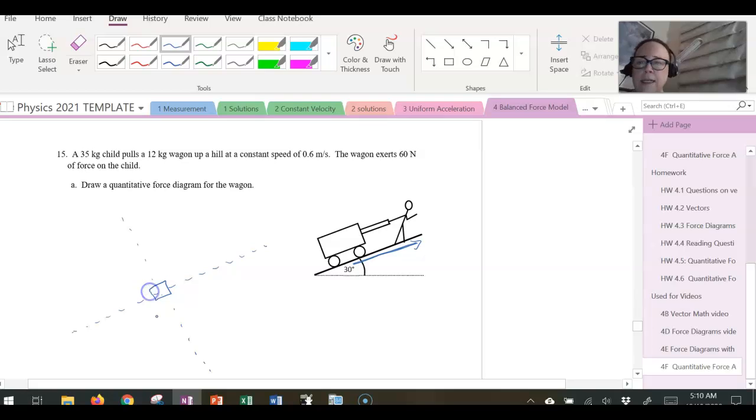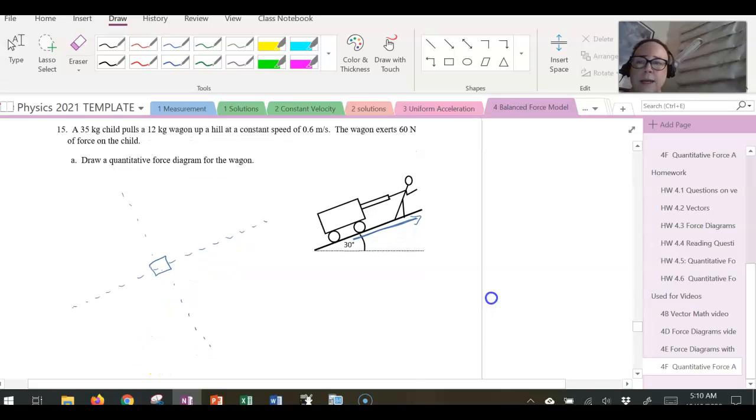Okay, so let's do a diagram for this wagon. It says that the child, and they're giving me the mass of the child, but I'm just doing a force diagram for the wagon, is pulling the wagon up a hill at a constant speed of 0.6 meters per second. So I'm not sure that I care about the amount of the speed, right?